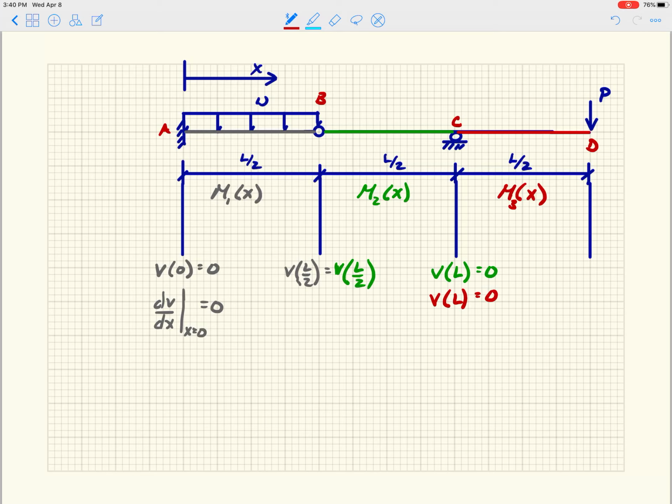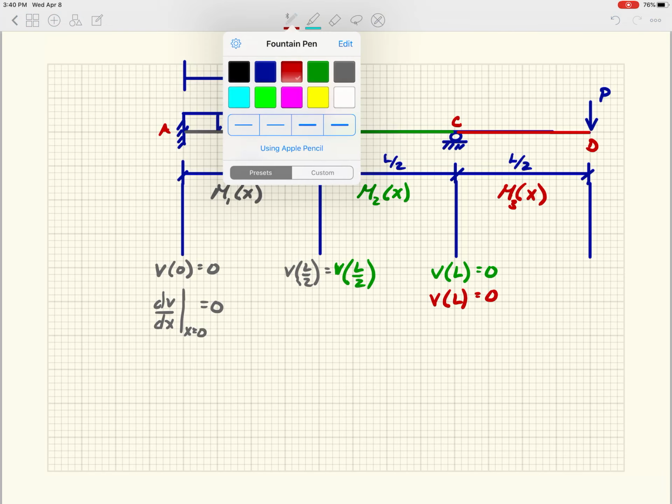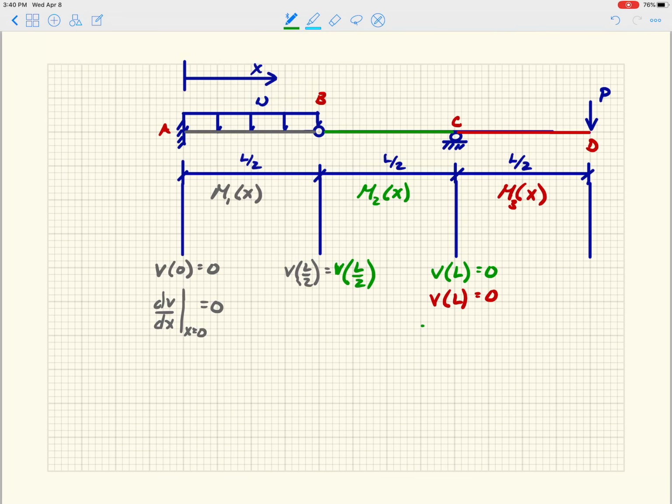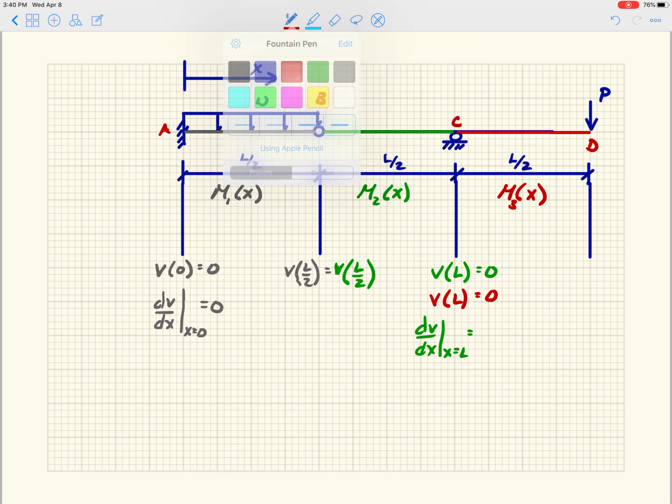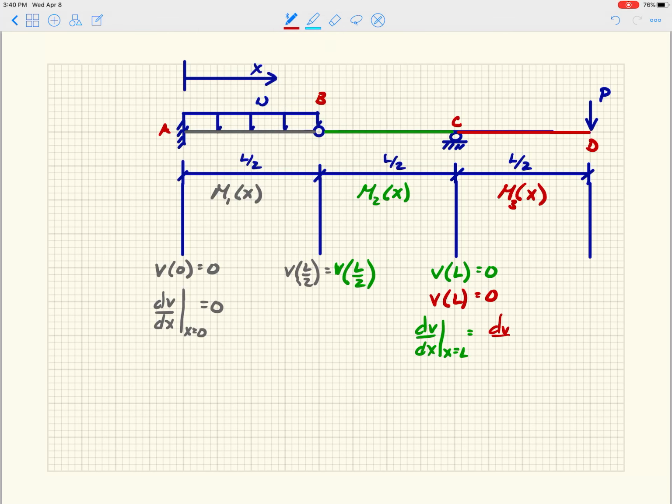If you notice, there is no moment reaction there, and because of that, I actually don't know what the rotation is at that point. I can only say something relative about the rotation because, again, that is now a continuity condition, not a boundary condition. So this now I can say that dv dx at x equals L has to equal dv dx at x equals L, like that, right?